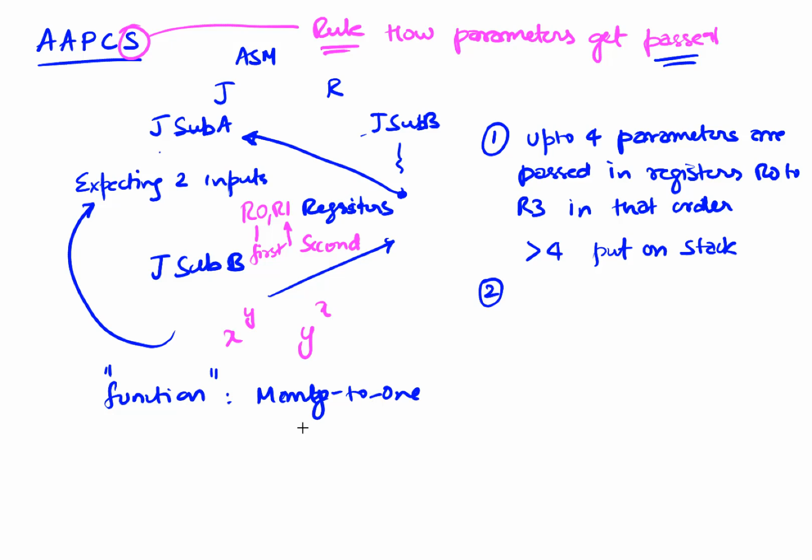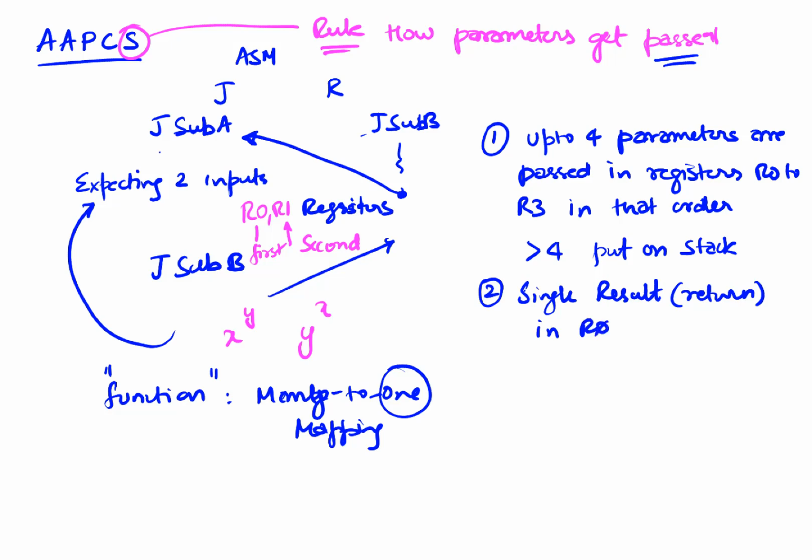I give you many things, you give me one back. And so this one thing should come in a specific register, and we agree that register ought to be R0. So a single result, the return value, comes in R0. These two rules are about exchanging information.